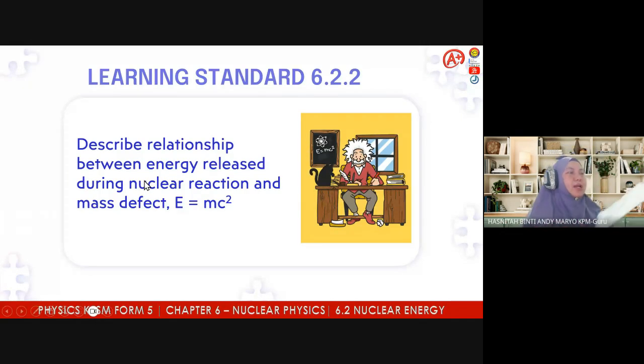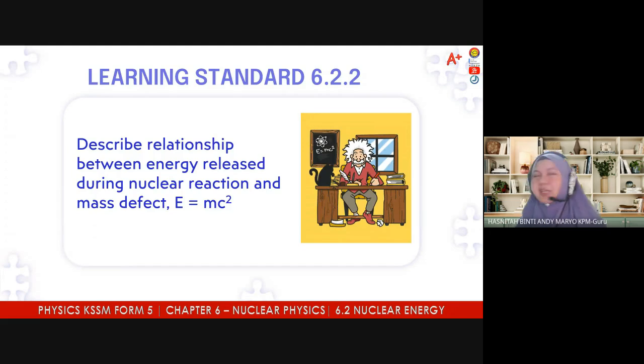Page 131, students. Please go to page 131. Look at 6.2 Nuclear Energy. Question number 1: can you write the type of nuclear reaction for each of the equations given? 1A, what is the reaction? 1B, what is the reaction?